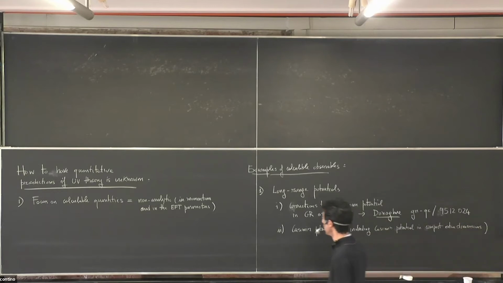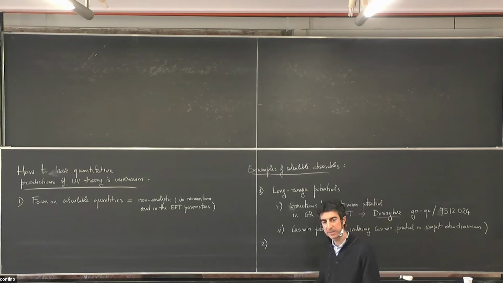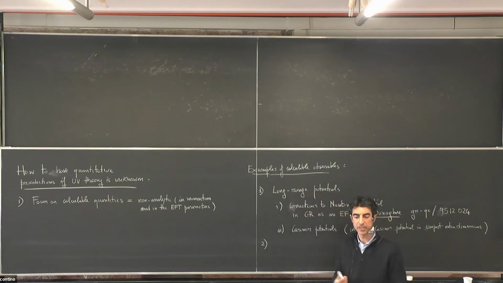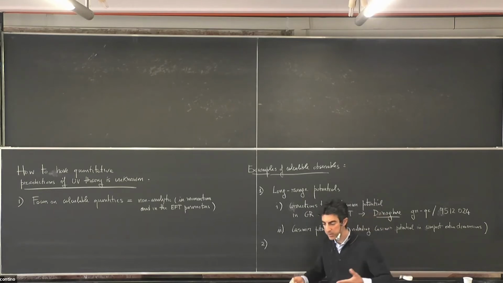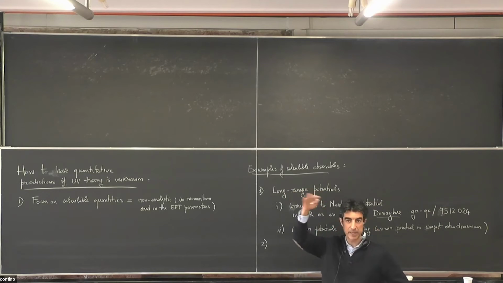Now another example of calculable quantities is, for example, the logarithmic evolution of gauge couplings. That's how we can get an insight on a possible grand unification theory, because we are in an effective field theory, which is just the standard model seen as a low energy description of some more UV complete theory, and we run the couplings, and this running is not affected by whatever new physics you have at the GUT scale, at the heavy scale.